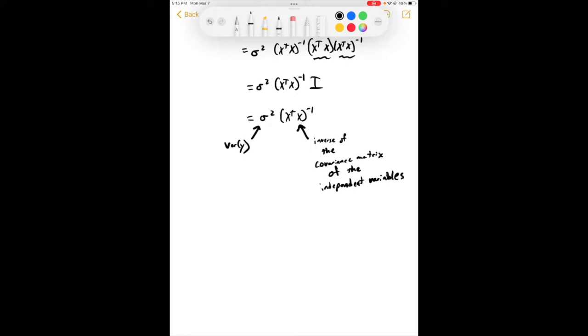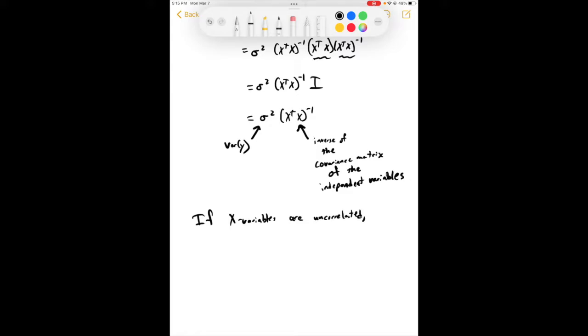It's going to give us, if the x variables are independent from each other, okay, let's actually talk about that differently. If x variables are uncorrelated, how about that?